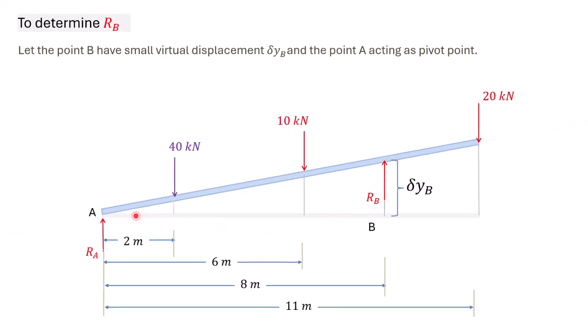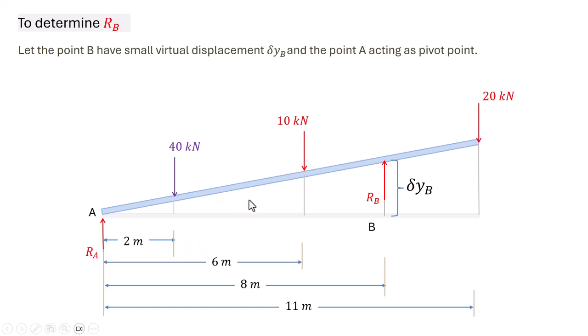Consider the other support as the pivot point. Here, assume a small virtual displacement at point B and take point A as the pivot. Then, measure the perpendicular distance of each force from the pivot point and show it in the free body diagram for further calculations.